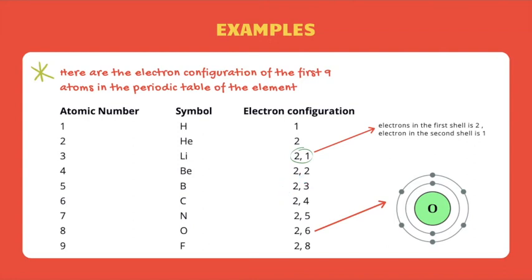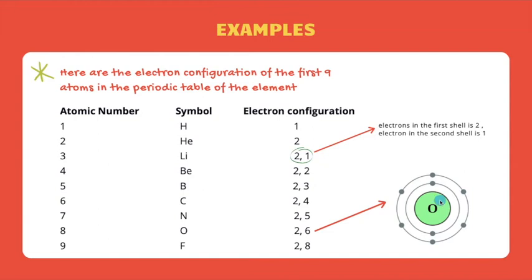If we have a larger atom like oxygen, it has 8 electrons. The first shell is 2 and the second is 6. If we add 2 and 6, it is 8, so all the electrons are already distributed in the first and second shells.